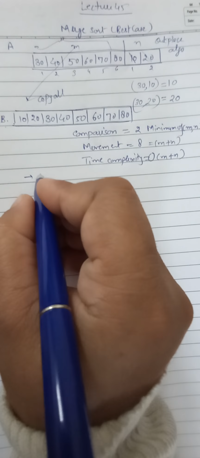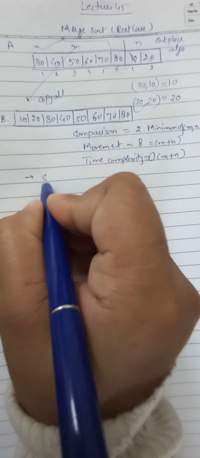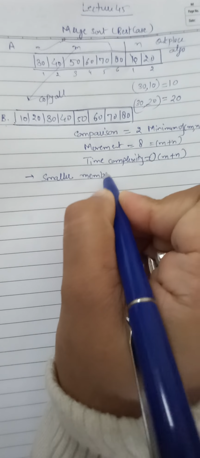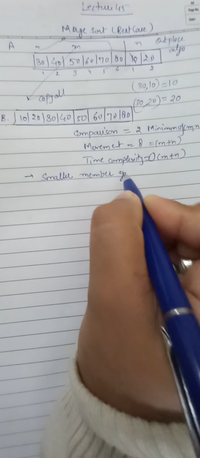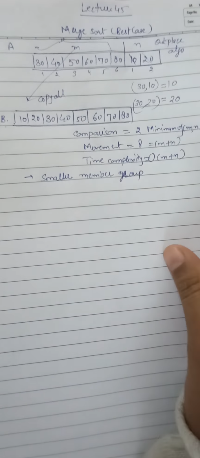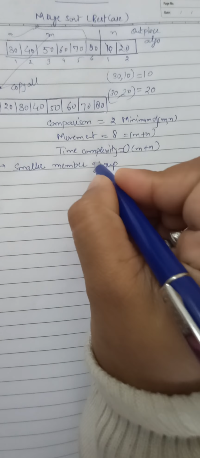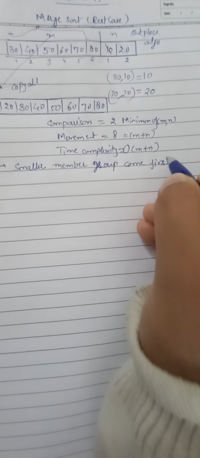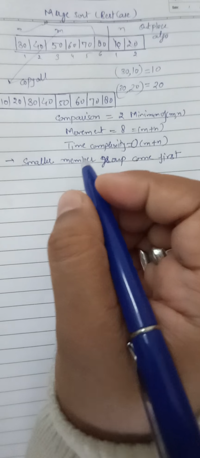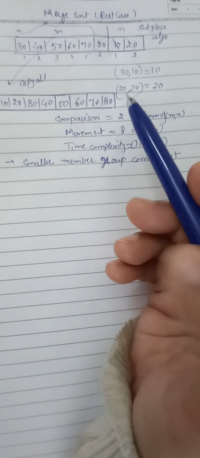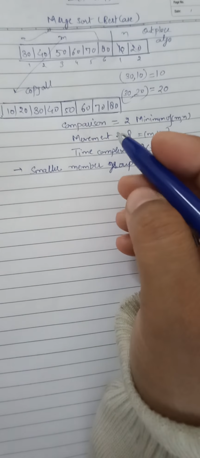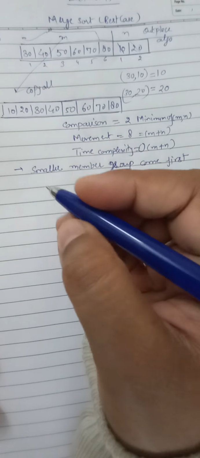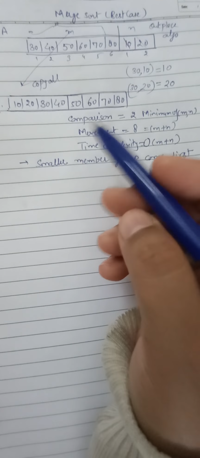Why is this the best case? Because the smaller number group comes first, so there are fewer comparisons.